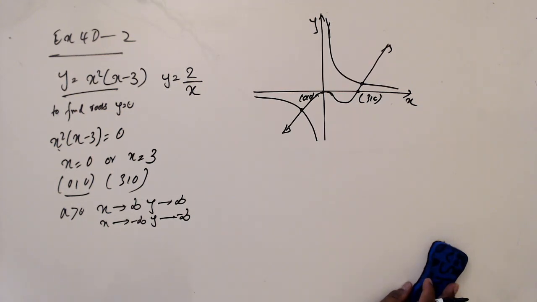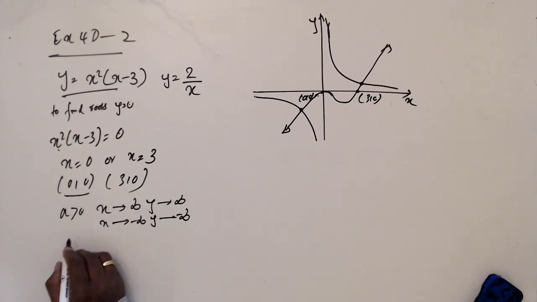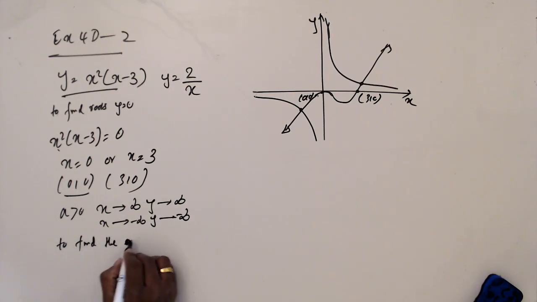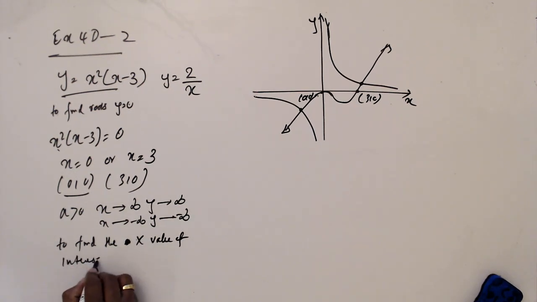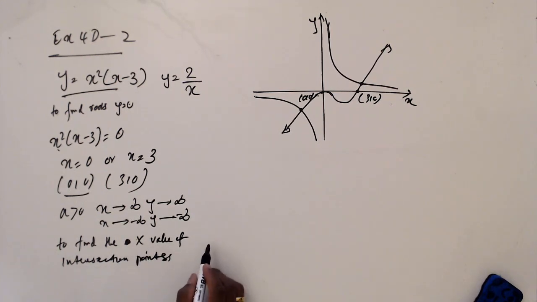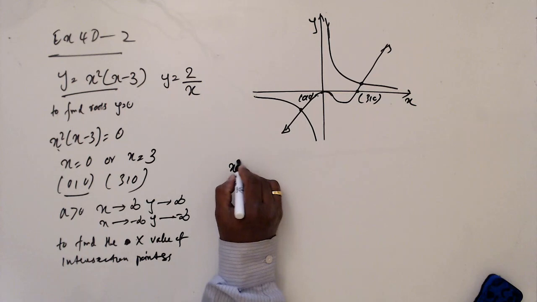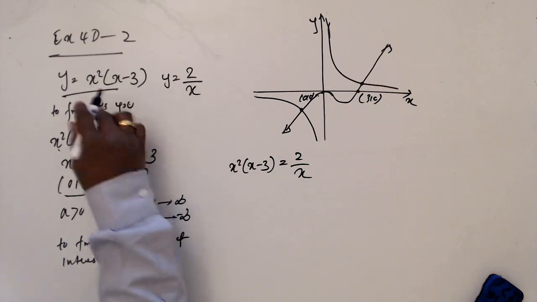Okay, I can see x cubed and there is no y in that equation. It means to find the x values of the intersection points, we have to make those two equations equal, or you can use another word, simultaneously solve them.